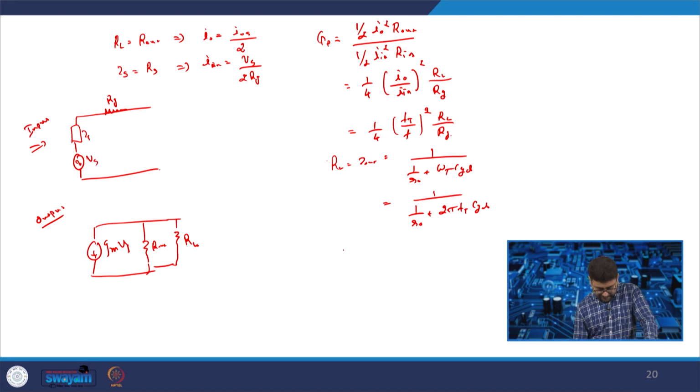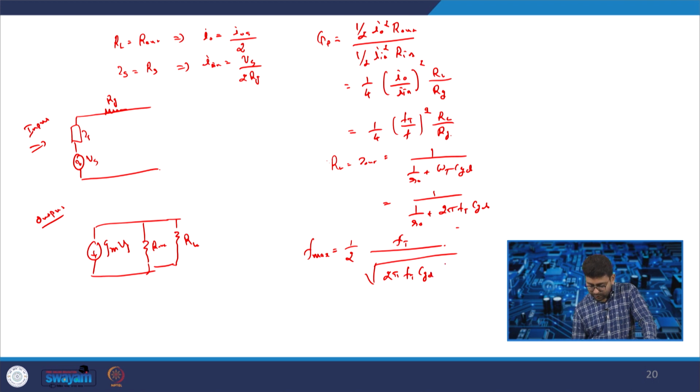If we put this in the equation, we will get fmax, which is equal to 1 half square root of Ft divided by 2 pi Ft CGD into Rg plus Rg by Ro, because we have taken this Rg inside this term.